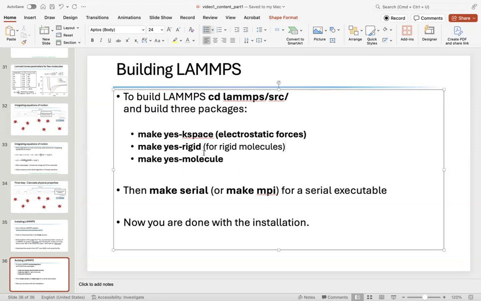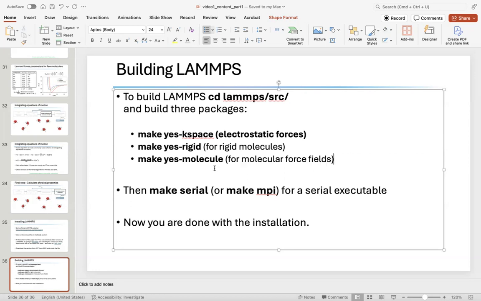So what we're instructing LAMMPS is to include rigid, include kspace, which is for the electrostatic forces, and also the molecule package. When you say make yes molecule, it's going to include all of the molecular force fields that are required for running LAMMPS. So this is for molecular force fields.